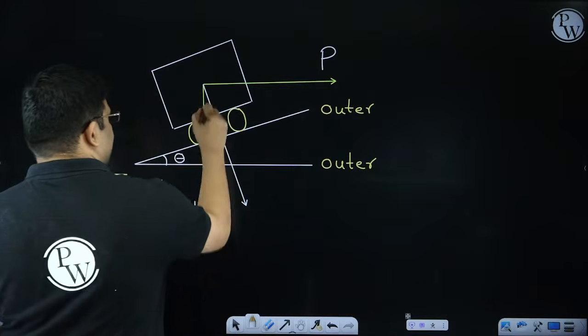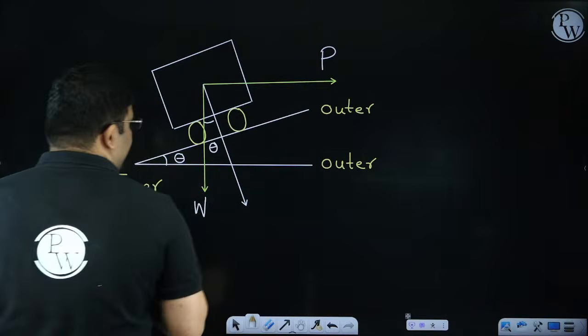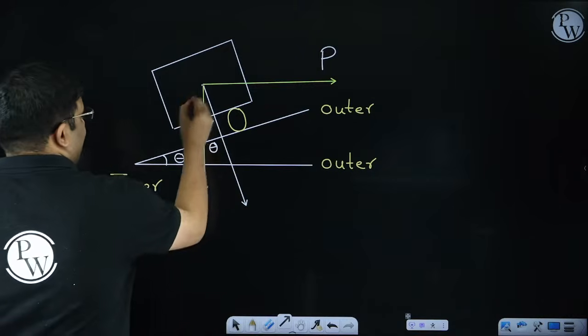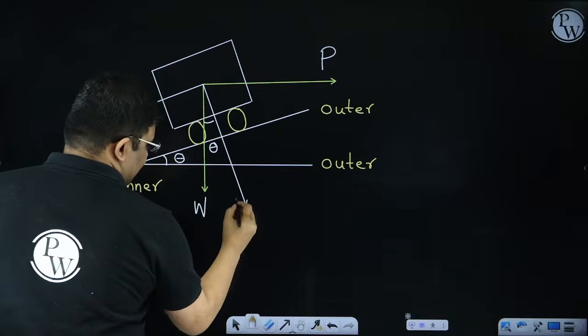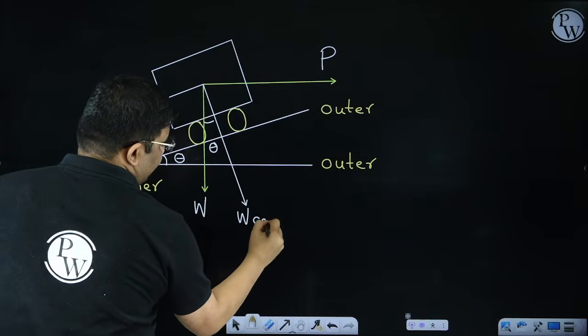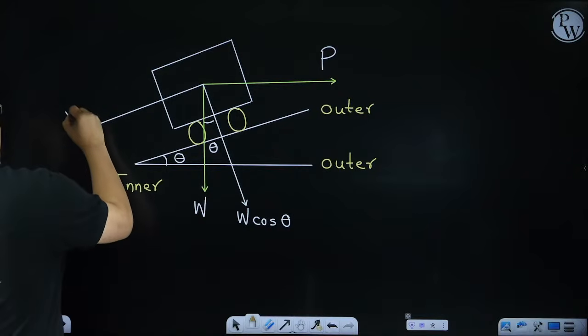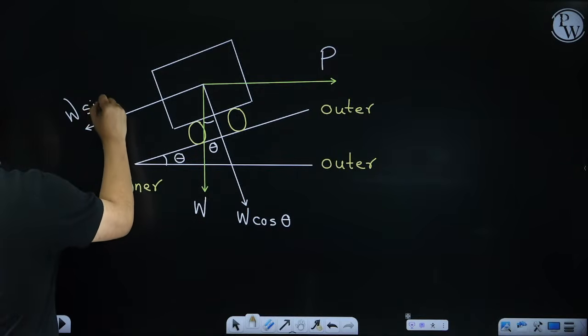If this is theta, this also will be theta. Now we will have components of weight along this direction and along this direction. This will be W cos theta and this will be W sin theta.